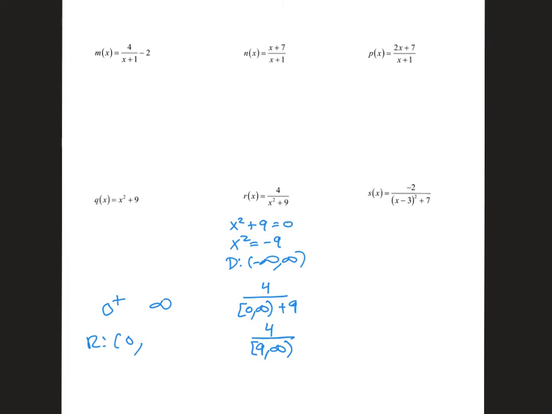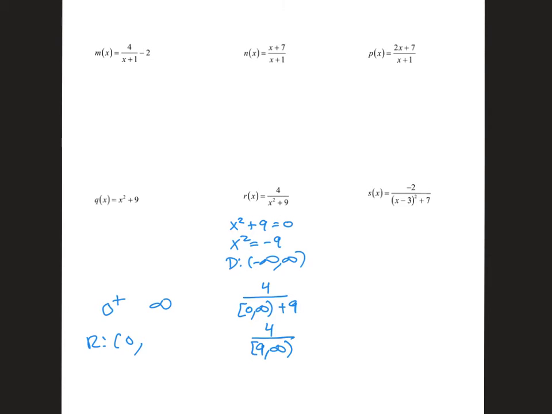And will it ever explode towards positive infinity? If the numerator's 4, the only way that could happen is if I divide 4 by a tiny positive number. Then that'll explode towards infinity. Well, I don't have tiny positives in the denominator.